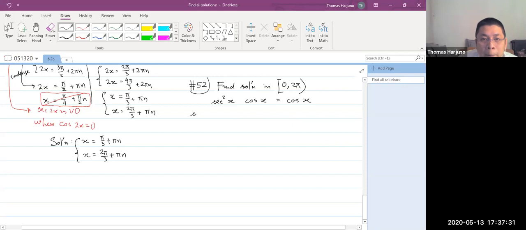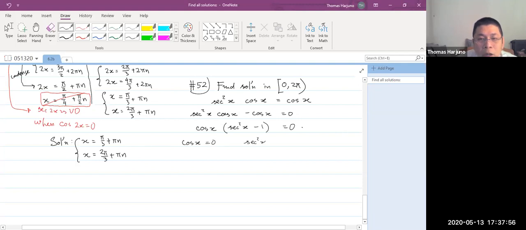By factoring. Secant squared x cosine x minus cosine x equals 0, and then factor out the cosine x. So we have 2 branches: cosine x equals 0 and secant squared x equals 1.